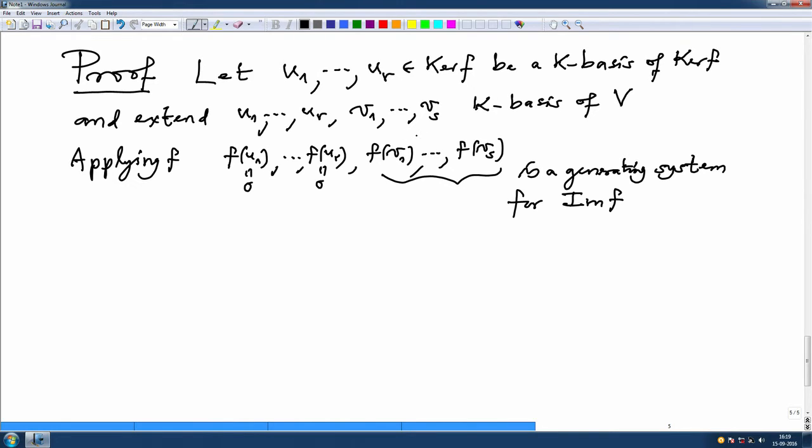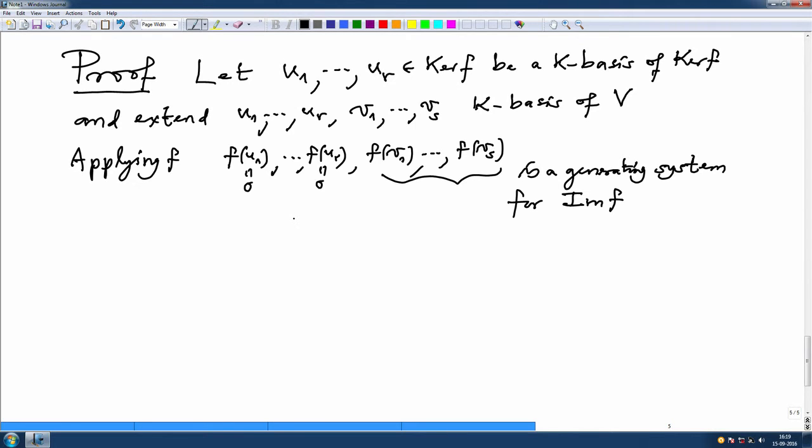So, only F of V1 to F of Vs will contribute. Now, if I prove that this is a basis, then I would know the dimension of the image space. I also know the dimension of the kernel space.